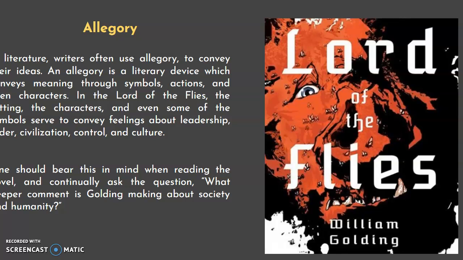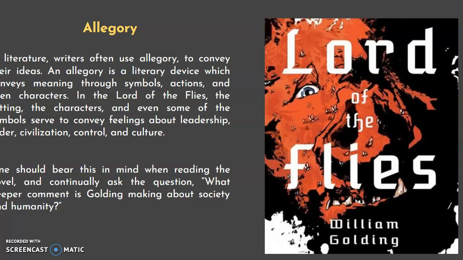Okay, so there might be a certain character in the story, and they might really represent some type of feeling. They might not actually represent just a person. You know, everything in the story has a deeper meaning, and he's making an allegory with symbols and actions and characters. So we want to always see, what is he saying about society?